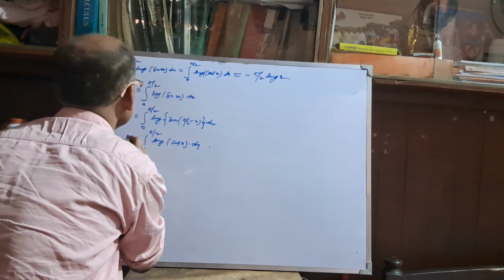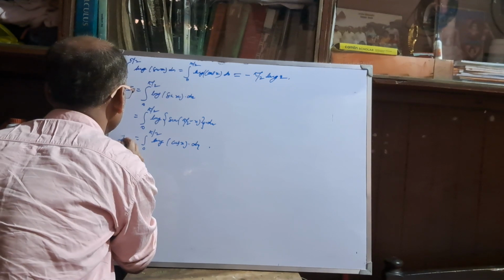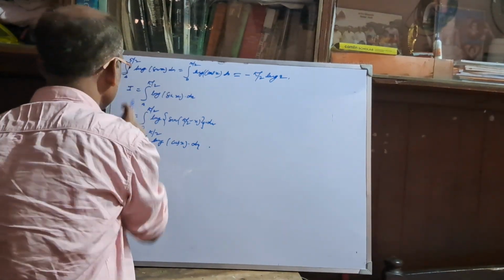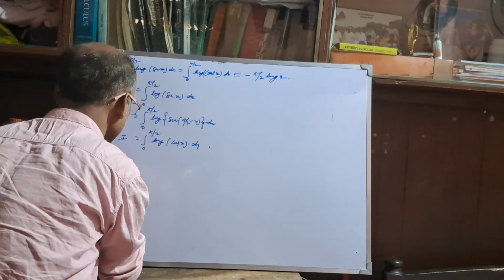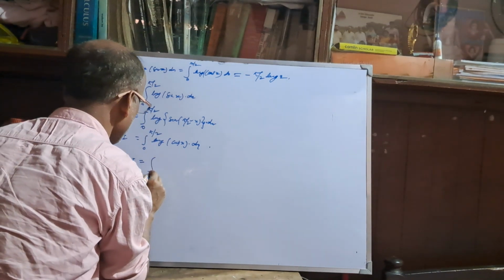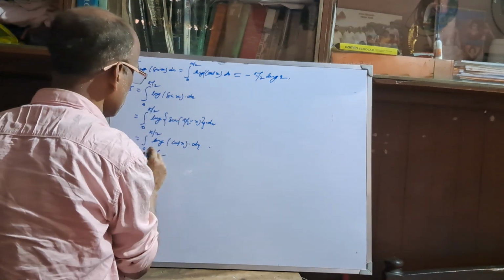Okay, this also becomes I. If I add these two together, then 2I is equal to integral from 0 to pi by 2 of log sin x plus log cos x.